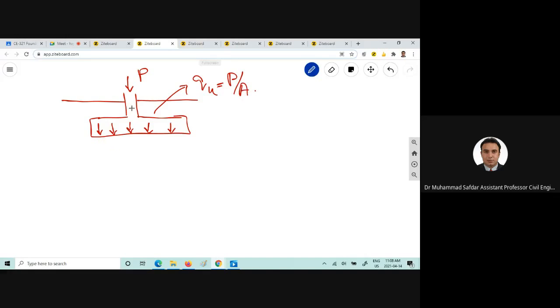And that soil, for example, if I say this is the boundary of the soil, will try to bear the pressure which is exerted by the foundation onto the soil.